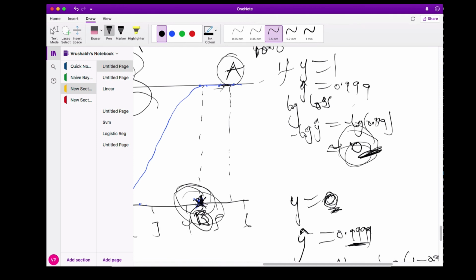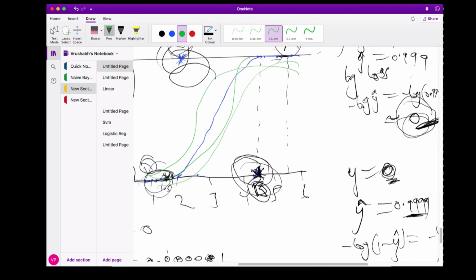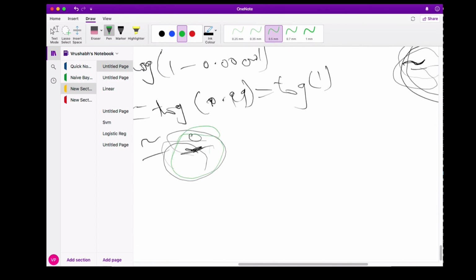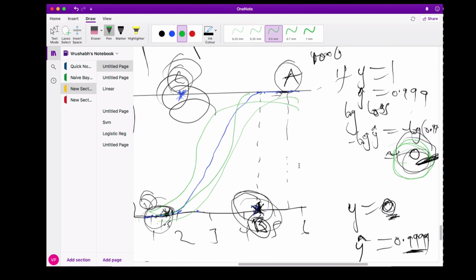That's why we want to find the best sigmoid curve that will help us minimize our cross entropy or our log loss. So if we have several of these, maybe another sigmoid curve here, or another one like this, then we compare the log loss of all these sigmoid curves, and the one that helps us minimize the cross entropy or the log loss is the best sigmoid curve and the one that we will use.